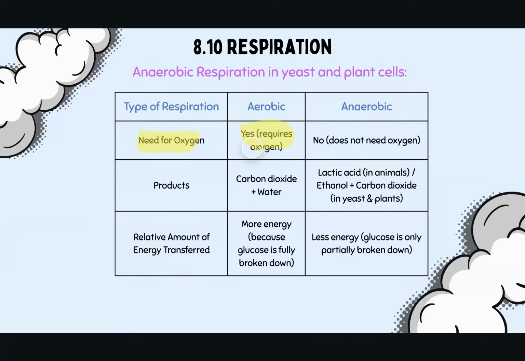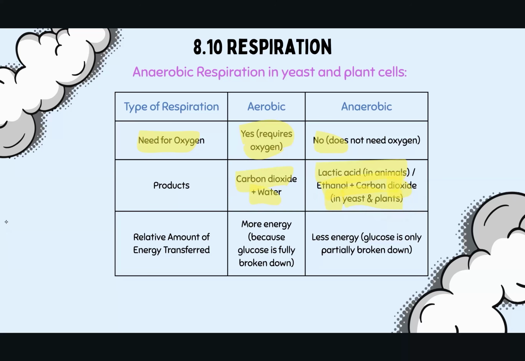Aerobic, yes, it requires oxygen. Anaerobic, no, it doesn't. What about the products? Aerobic makes carbon dioxide and water. Anaerobic makes lactic acid in animals, but in plants and yeast, it makes ethanol and carbon dioxide.